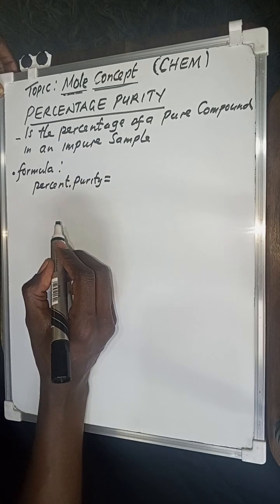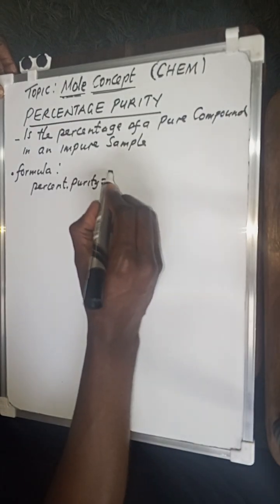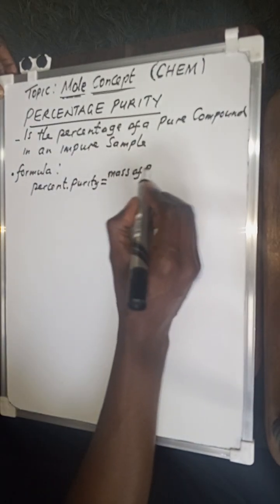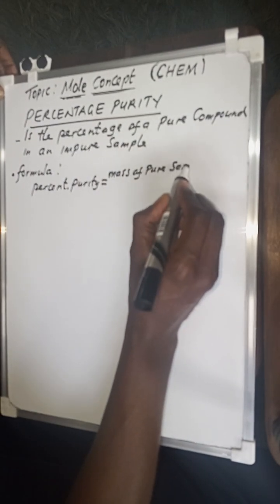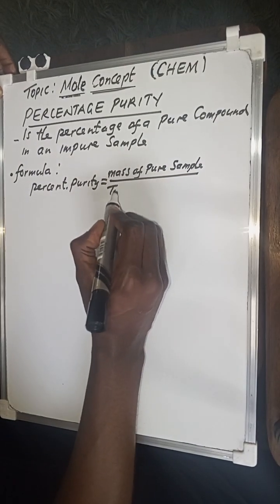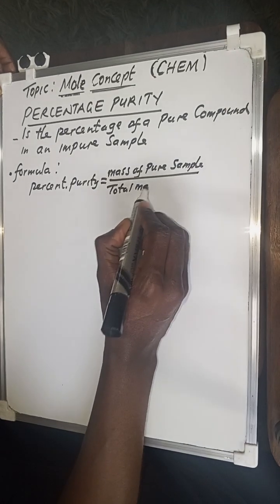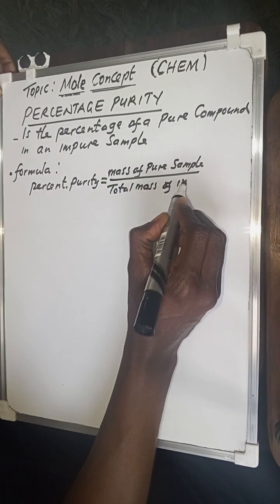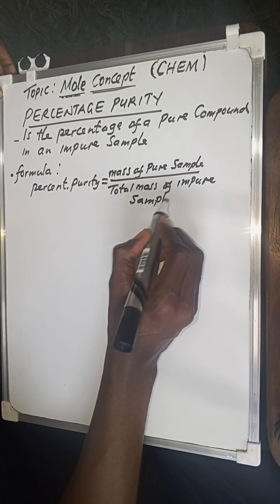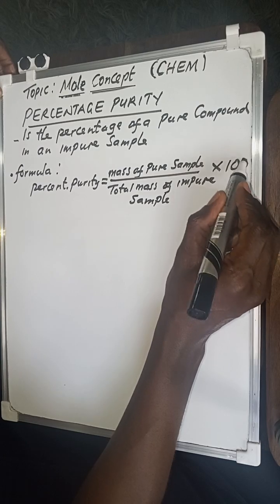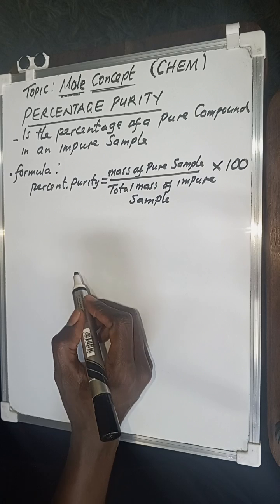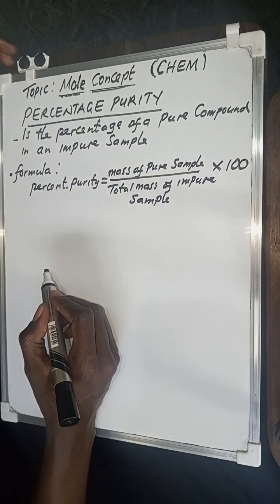Percentage purity will be equal to the mass of the pure sample that you have over, in this case, the total mass of impure sample that you may have. Then you multiply this by 100, because it's a percent. That's what we mean when you want to find percentage purity.